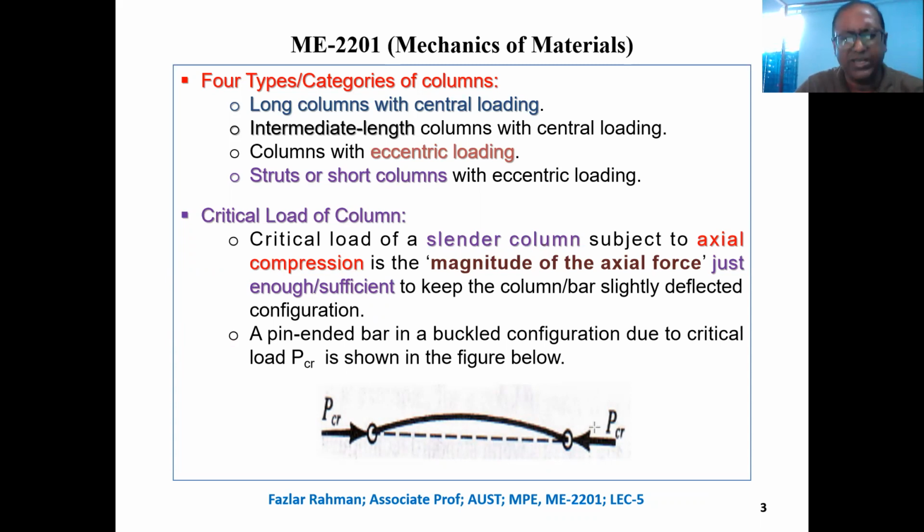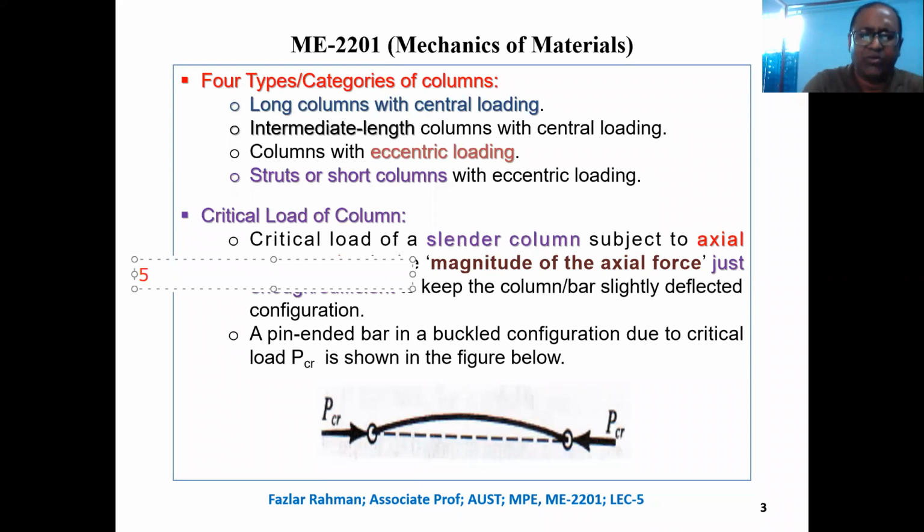And right over here you see a pin-ended bar, both ends pinned, that is buckled a little bit due to the load P. This P is called P critical. For example, after calculation you got P critical of 5,000 Newton.